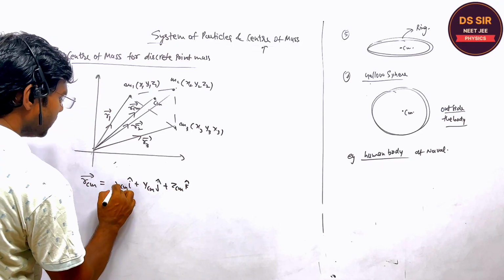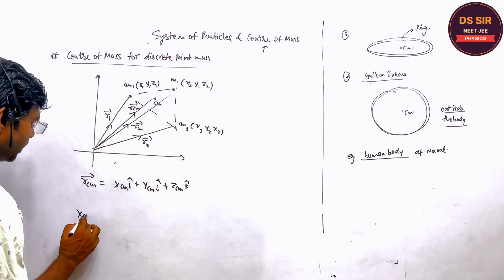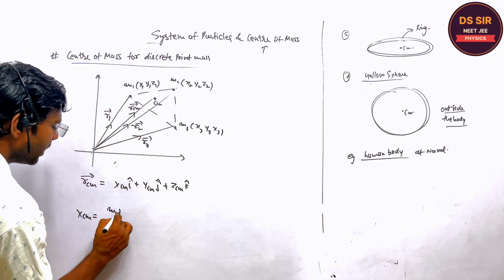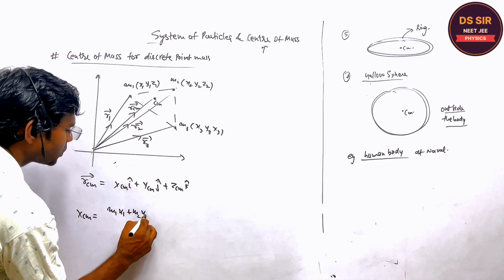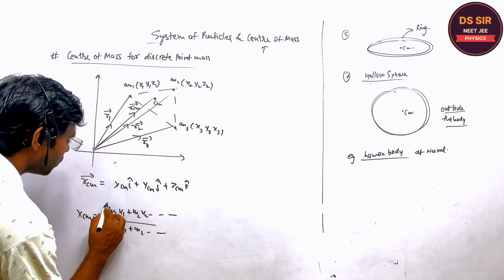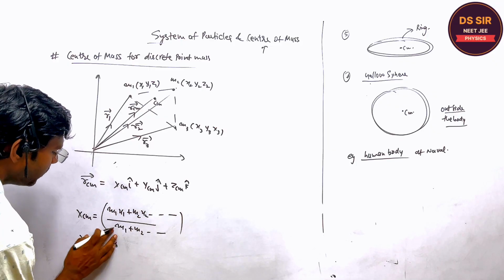It is the position vector of the center of mass, where the x coordinate of the center of mass is given by m1 x1 plus m2 x2 and so on, divided by m1 plus m2 and so on, right? YCM in the similar way. You have to remember this formula.